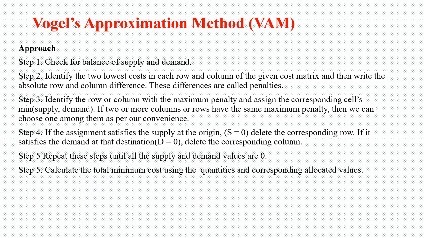If it satisfies the demand at that destination, D is equal to 0, delete the corresponding column. Step 5. Repeat these steps until all the supply and demand values are 0. Step 6. Calculate the total minimum cost using the quantities and corresponding allocated values.